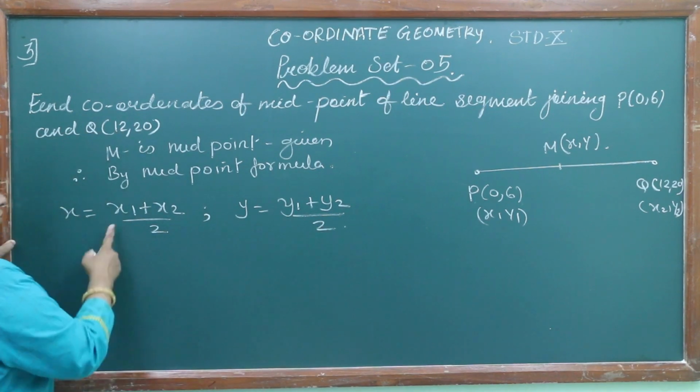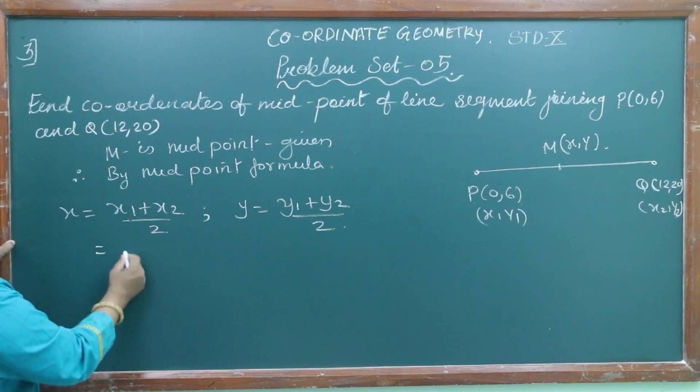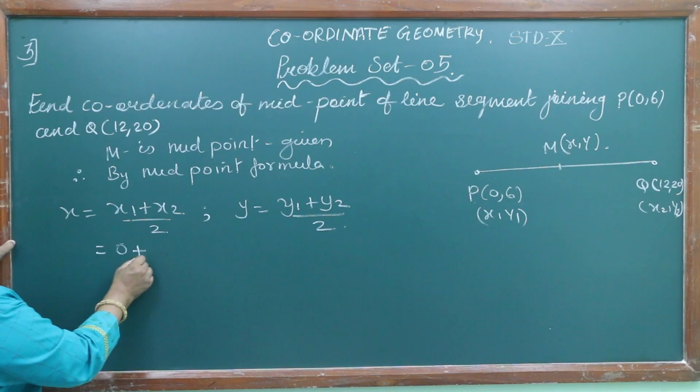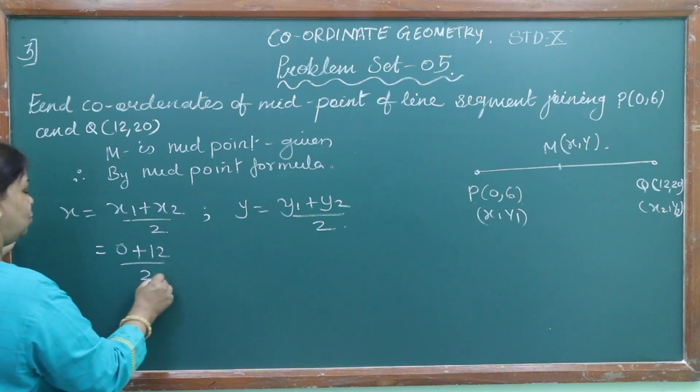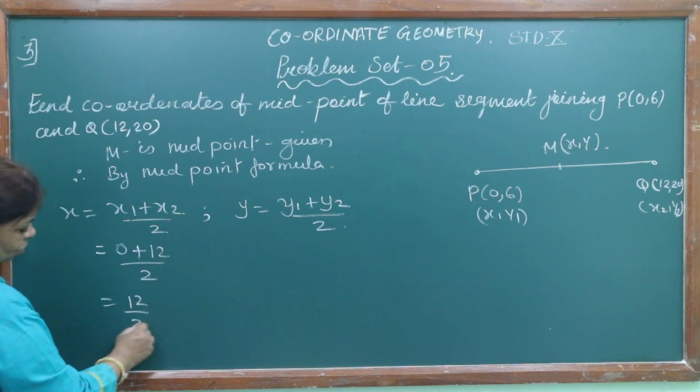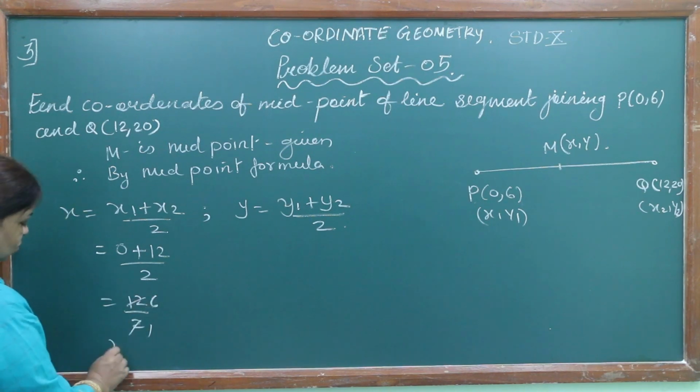Now place the value of x1. x1 is 0 plus x2 is 12, upon 2. 12 upon 2 is 6. So x is equal to 6.